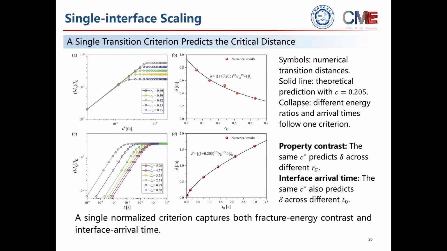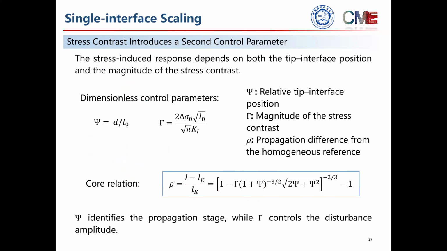So the transition is not controlled independently by contrast and arrival time. Those effects enter through a common scaling measure. This is the first evidence that the spatial extent of an interface disturbance can be summarized by a critical penetration distance, which I will denote by delta.